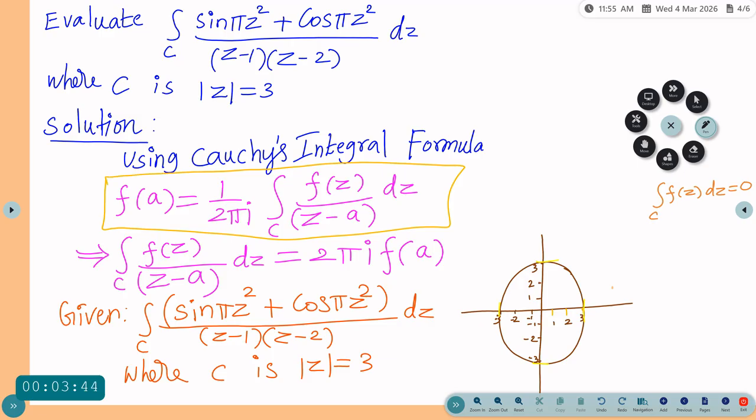This implies we can write integral over C f of z divided by z minus a dz equal to 2 pi i into f of a.